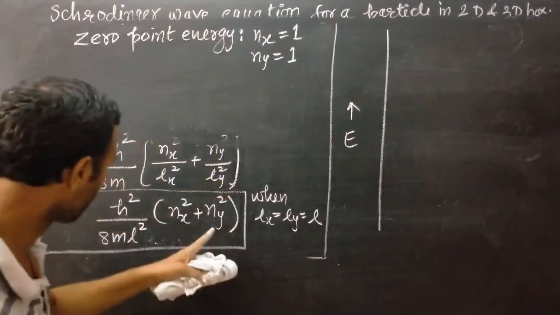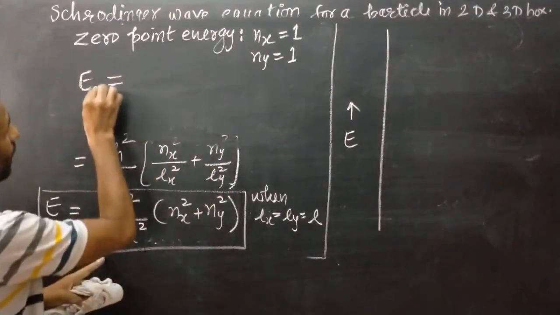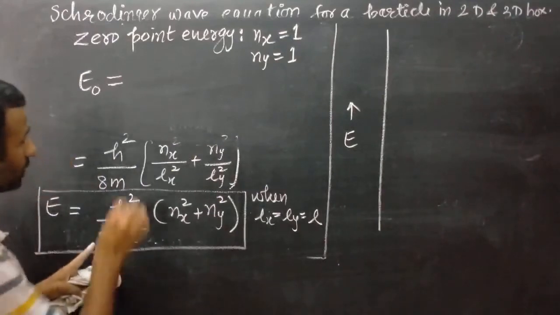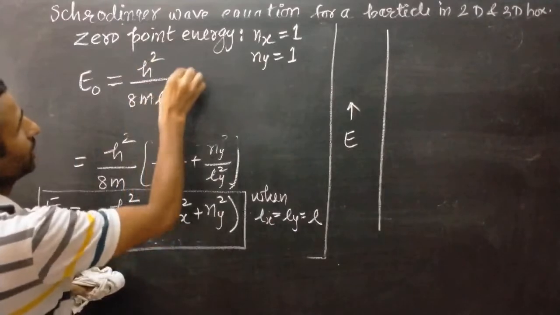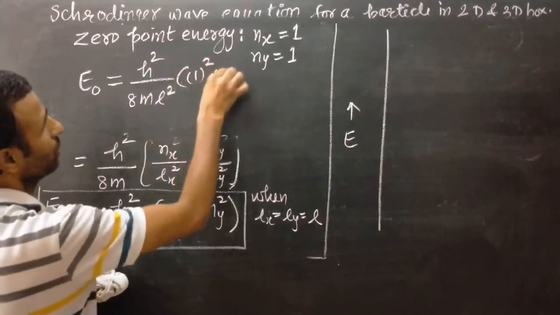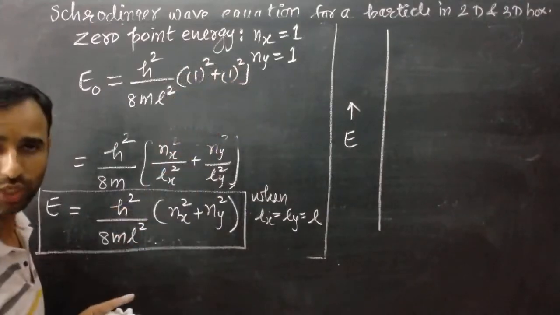So from this, energy comes out to be the zero point energy, take it as E0. That is equal to h²/8mL² into (1² + 1²). So it is 1 plus 1, 2.